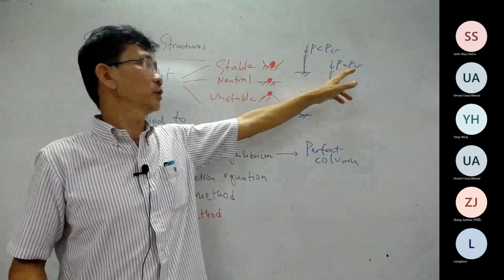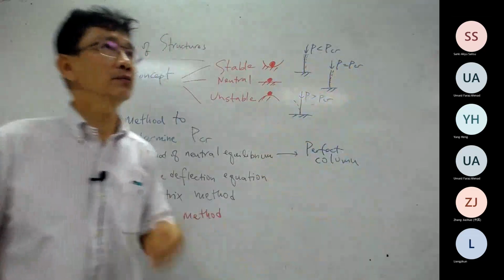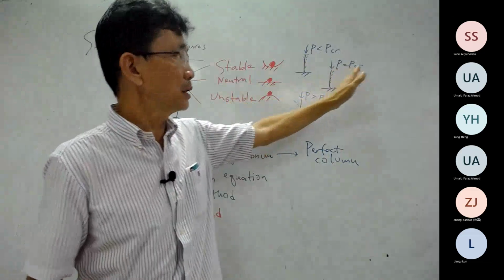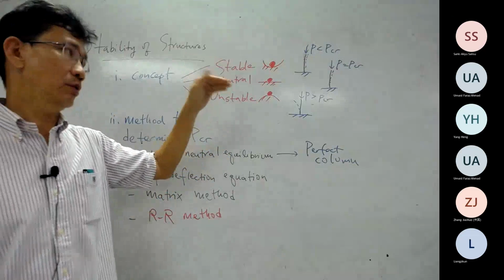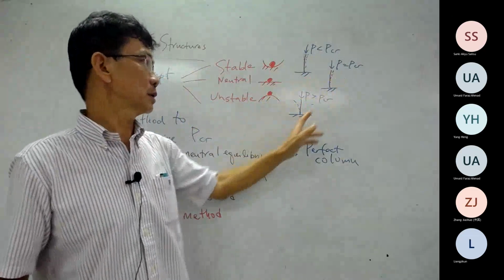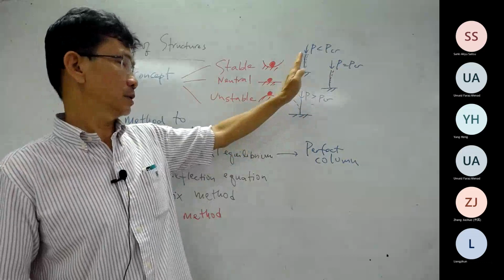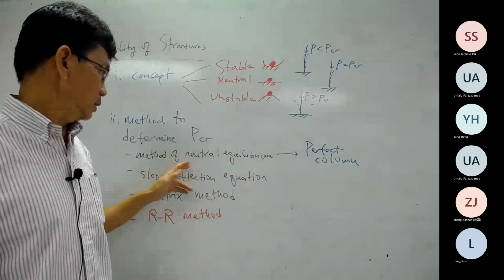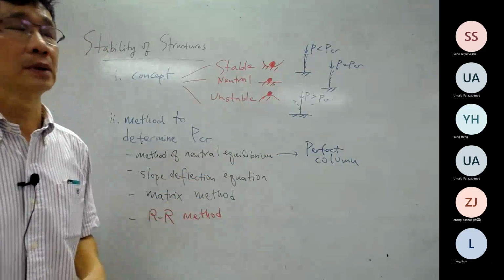At the point where P is equal to P critical, it can stay in a slightly deformed state, which means you have two possible solutions. If it is above P critical, the straight one is not stable anymore and it has to go to the unstable state. So the neutral equilibrium concept is for a perfect column.